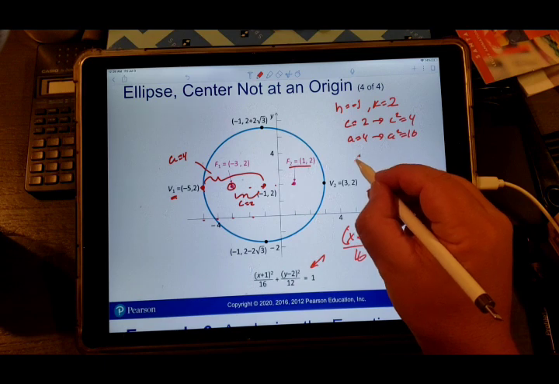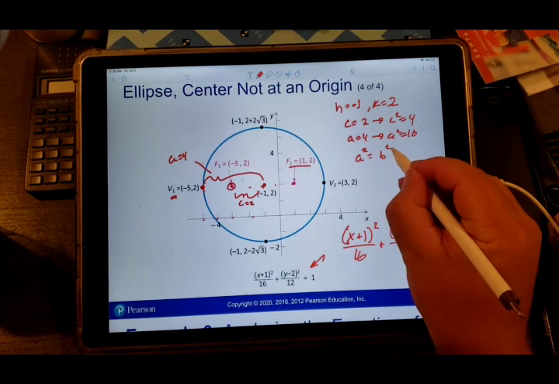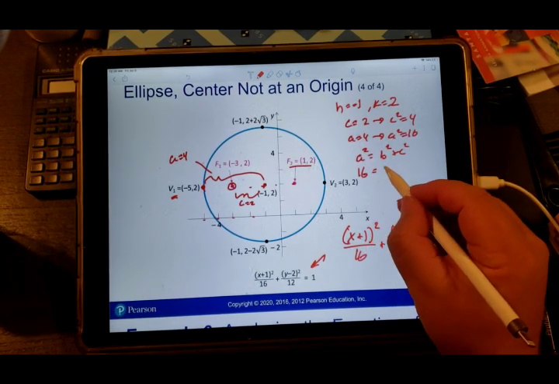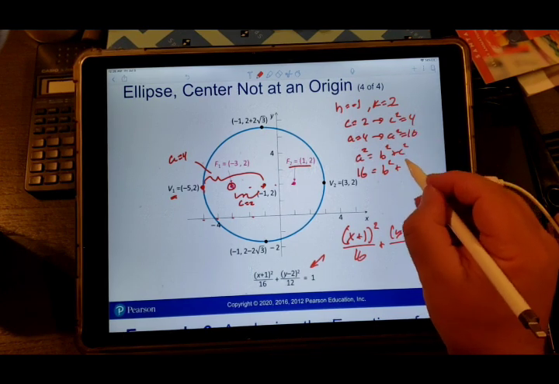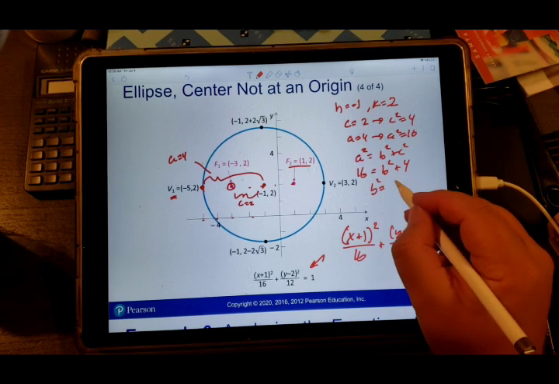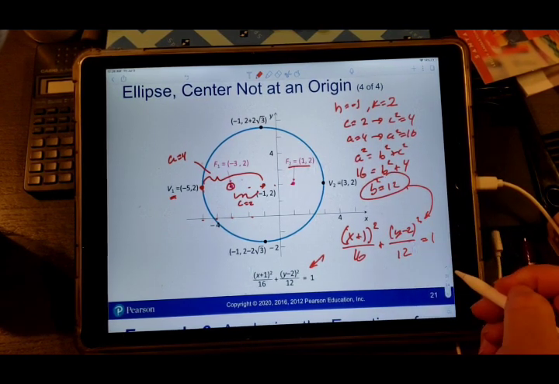So A squared equals the sum of the other two, B squared plus C squared. So A squared is 16, B squared I don't know, and C squared is 4. So I'm going to get B squared, if I subtract 4 from both sides, is 12. So that's the 12 I can put right here.